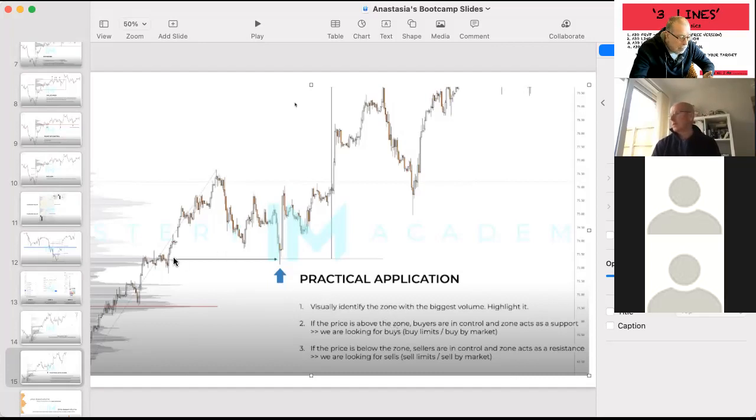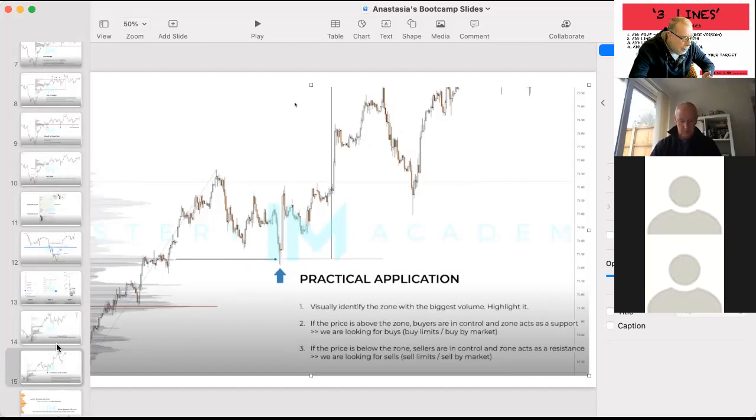So here we've got price above, and buyers are in control. You can see it goes all the way up there. If price was below that zone, then sellers would be in control. It would act as a resistance. So this line here, she's saying, is a support because price is above it. If it was the other way around, it would be acting as a resistance.